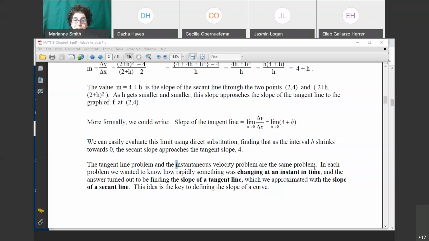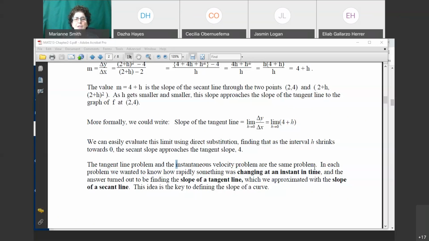So marginal is another word for instantaneous rate of change, slope of a tangent line, derivative. So marginal equals derivative. Again, I want to make sure you're okay with the terminology going forward.